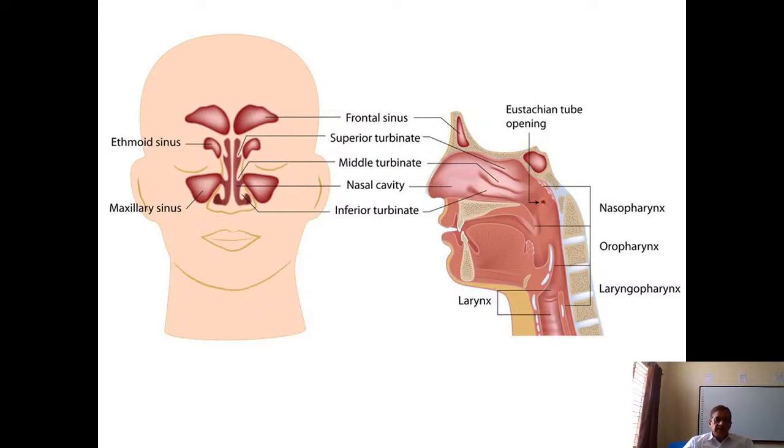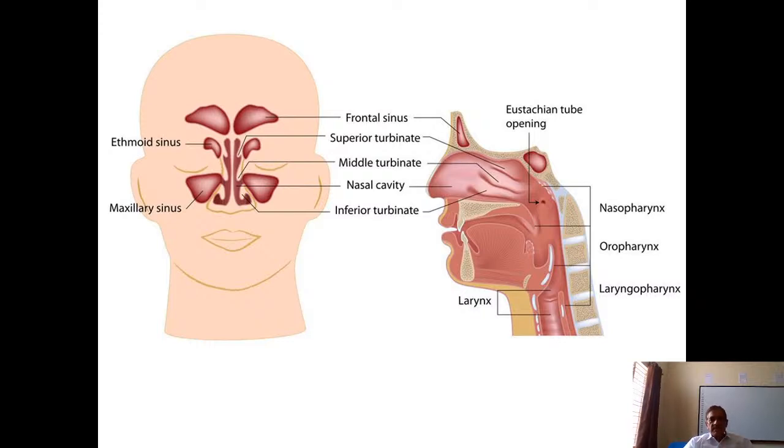The sphenoid sinus drains into the sphenoethmoidal recess. So this is how all of the paranasal sinuses have connections into the nasal cavity. They drain by small passages into the nasal cavity.